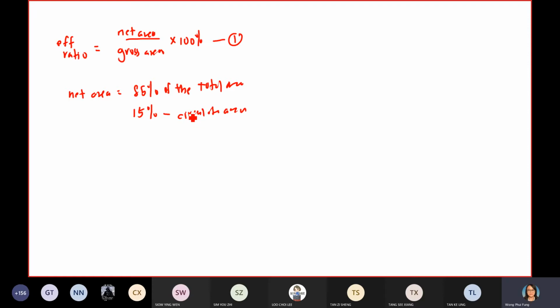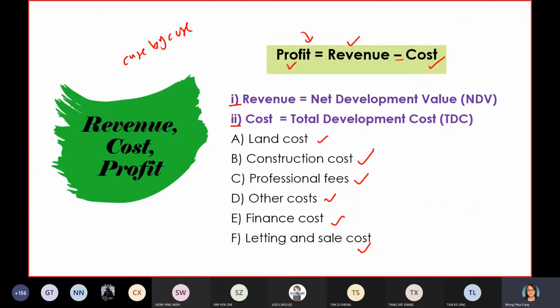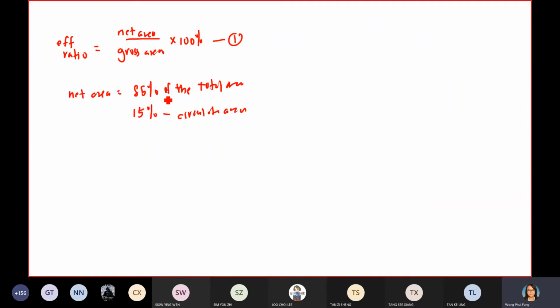Now the question already told you they want to construct 4598 square meters. So that is the gross area. So gross area is 4598. Let's say you assume the efficiency ratio is 85%. By then you should be able to get your net area. That is the purpose of using the efficiency ratio, to determine the ratio between net area and gross area.